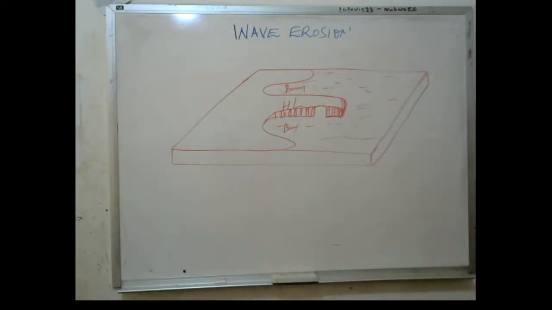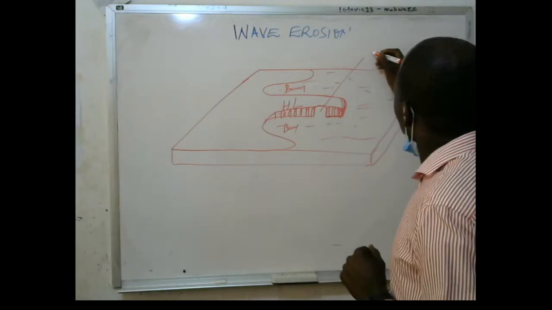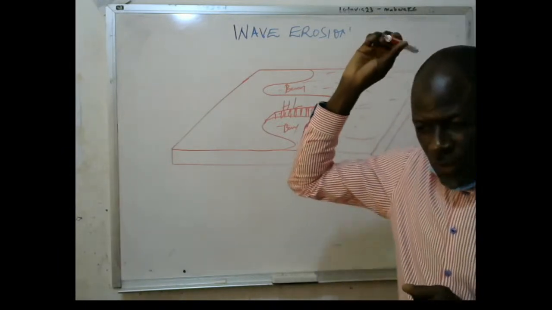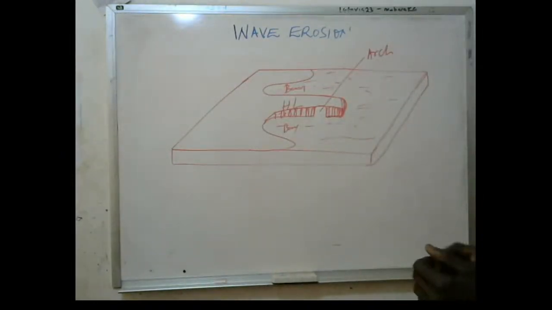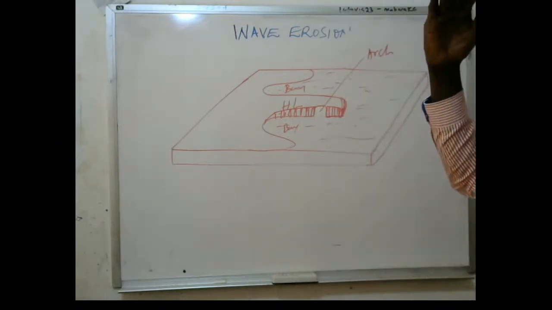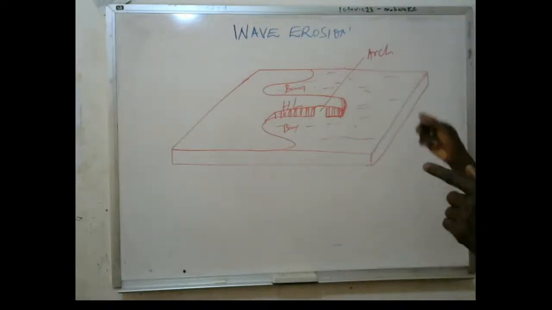So that passage or tunnel across the headland is what we call the arch. You've been to, for example, churches and mosques. When you see their doors and windows, they have arches. They construct them with arches at the top.